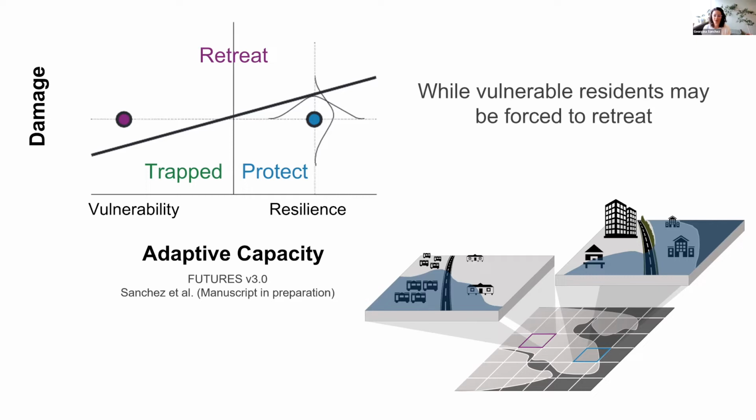Now we have this other purple dot in the flood response function. It represents a location where residents experience the same level of moderate damage, but they are on the vulnerable side of the adaptive capacity spectrum. So it is assumed that they will be forced to retreat. And again, we see how the flood response function directly guides what response states happen for every different location in our study system. They will either retreat, be trapped, or protect.